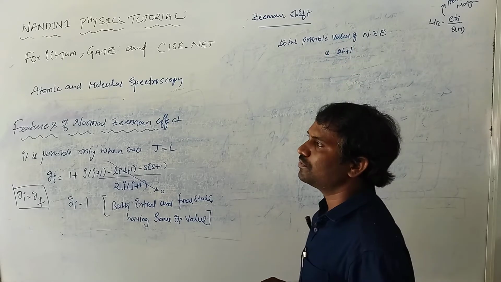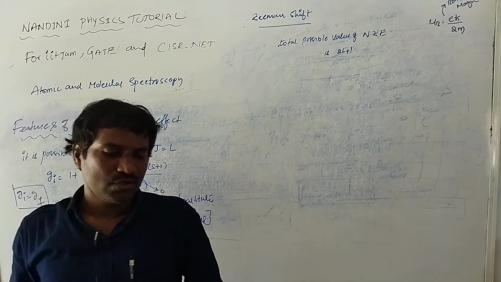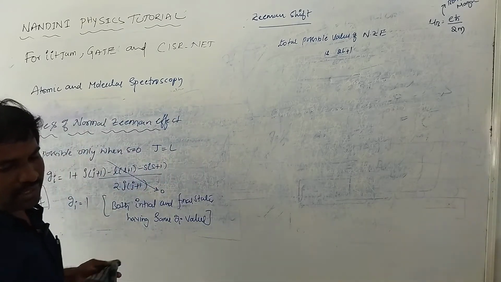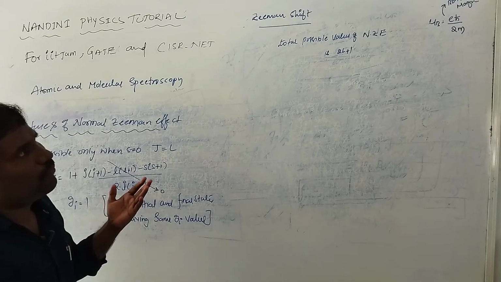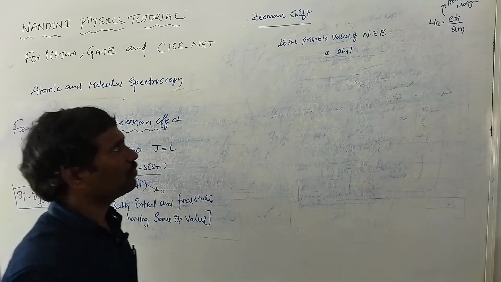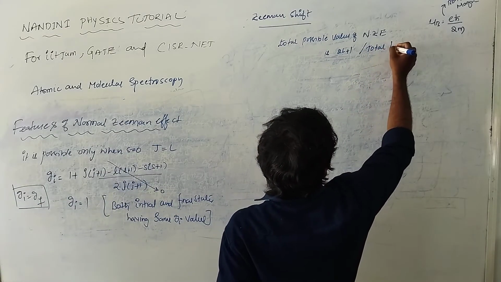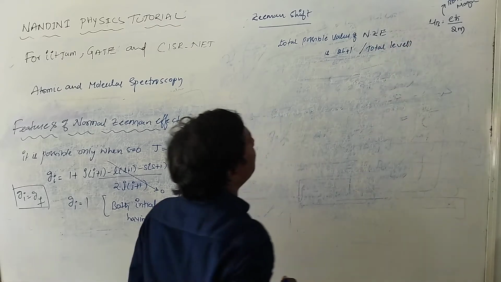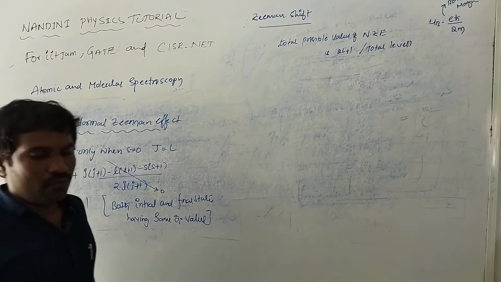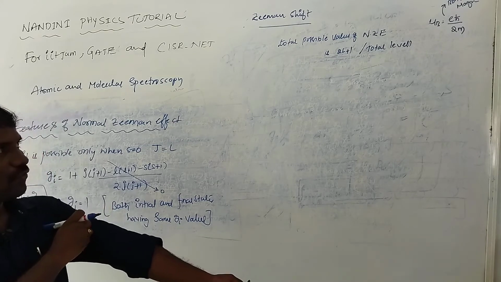So this is called the possible values of the normal Zeeman effect. So let us see one example, okay. The normal Zeeman possible values, you can also call it the total number of levels, 2L plus 1.